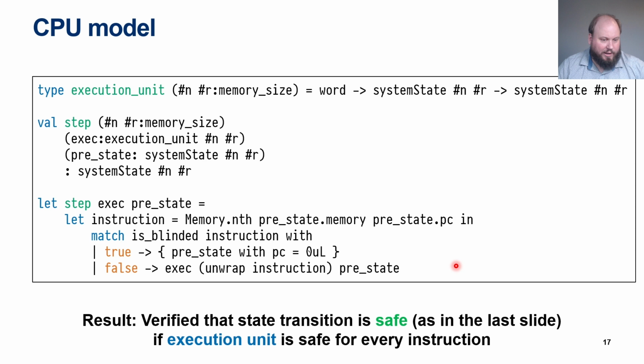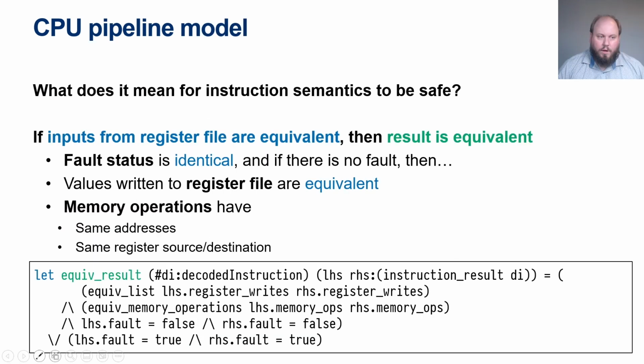Well, what we say is that if the inputs from the register file are equivalent, then the result is equivalent. So it's kind of like we had before, but rather than looking at the whole state of the machine, we just have to look at the few operands that we've read from the register file. So for the result to be equivalent, what we need is the fault status to be identical.